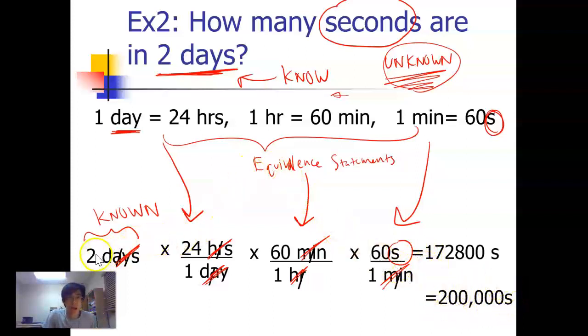So out of all these values, 2, 24, 60, and 60, right? The smallest number of sig figs is actually only 1, right? 2 only has 1, and 60 only has 1 because there's no decimal.